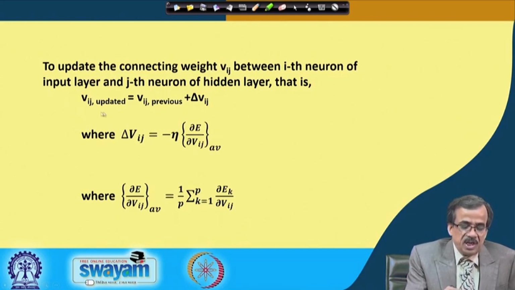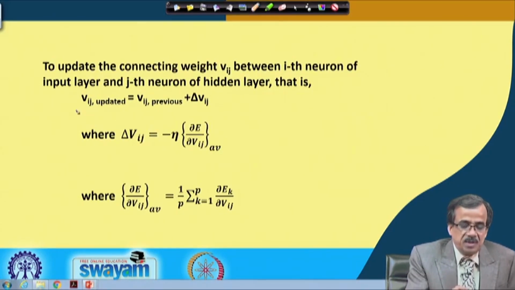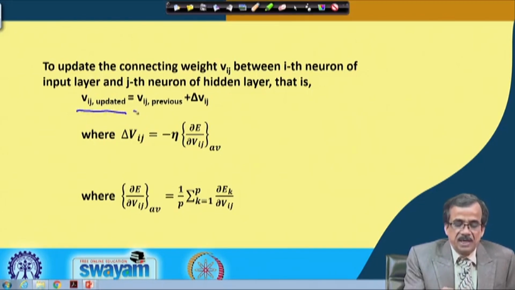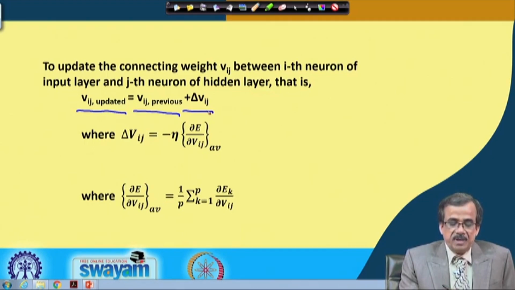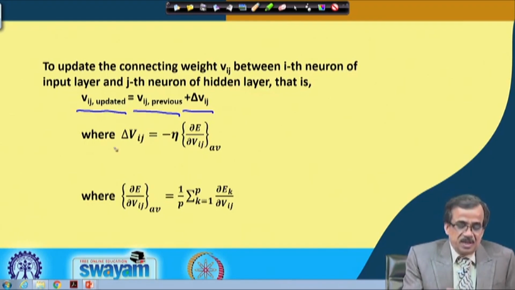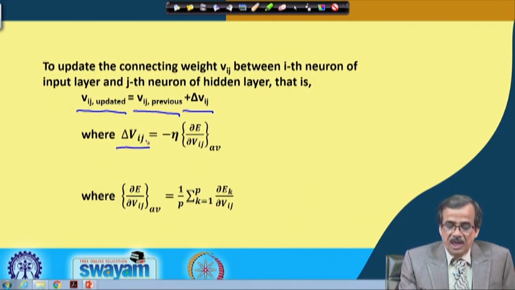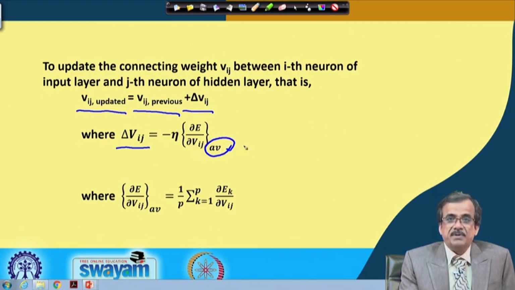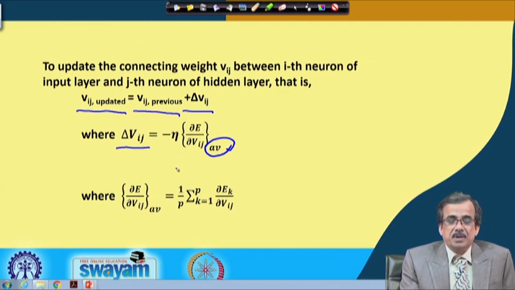So, V_ij updated is nothing but V_ij previous plus delta V_ij, and I have already discussed that to determine this delta V_ij, we will have to consider the average effect. AV stands for average. So, it is nothing but minus eta times the partial derivative of E with respect to V_ij average.